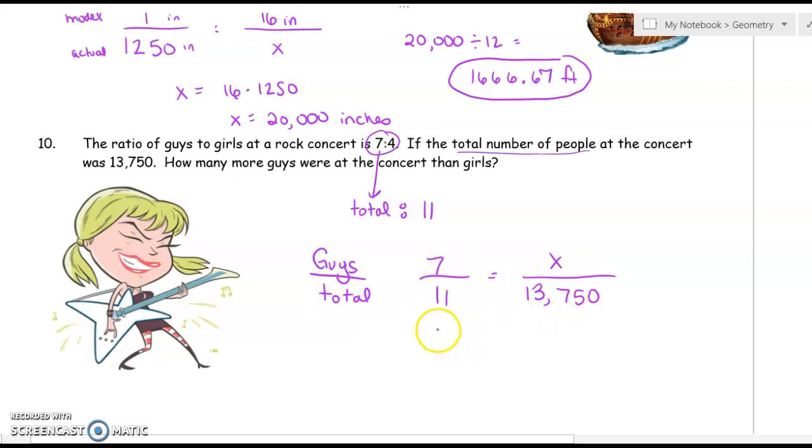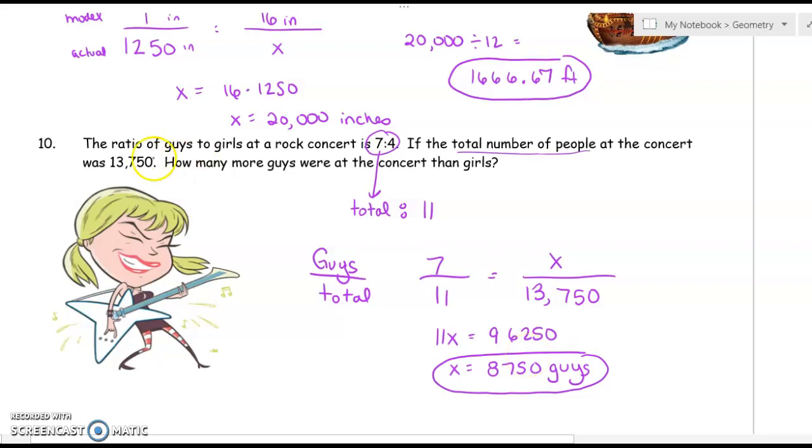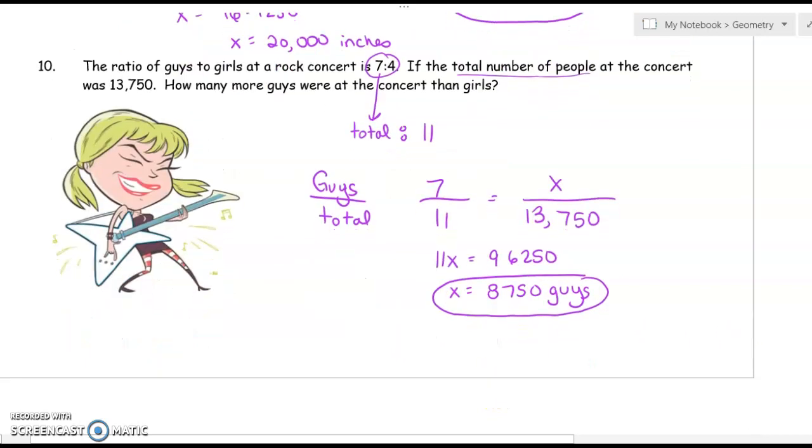Cross multiply, you're going to get 11x equals 96,250. Divide by the 11, you're going to get 8,750 guys. Okay. And then you could set up another proportion to find the girls, but really, we know the total, and we know how many guys there are. So if we just subtract, we're going to do 13,750 total people minus the 8,750 guys.